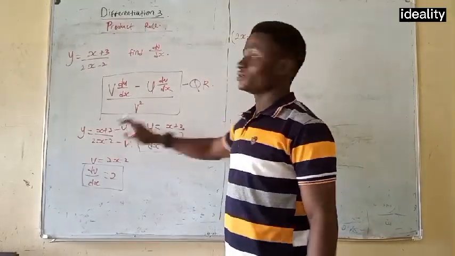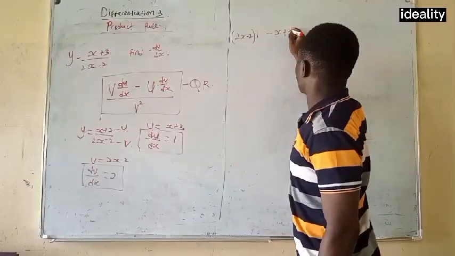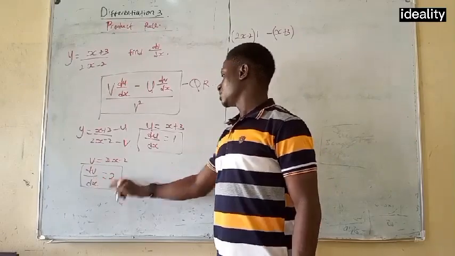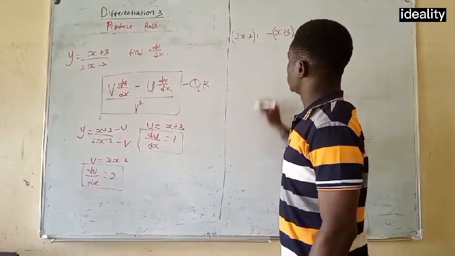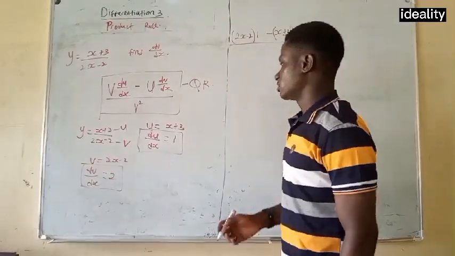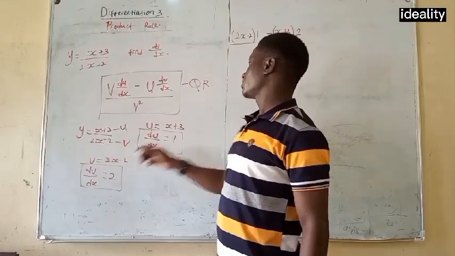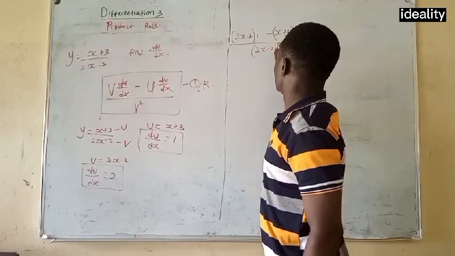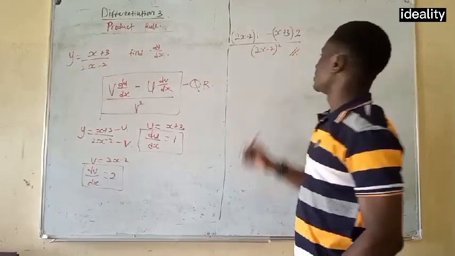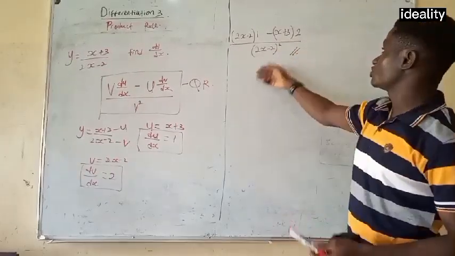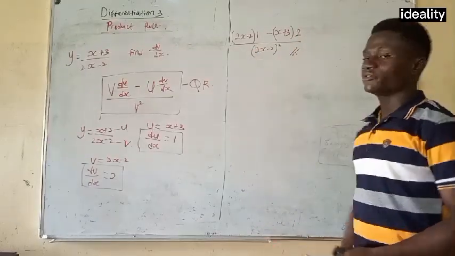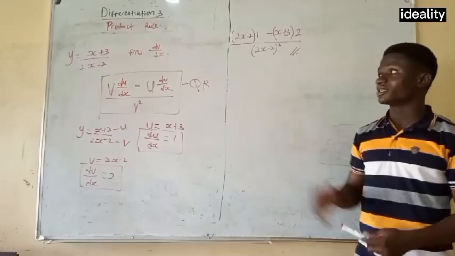My u is x plus 3, multiplied by dv/dx, which is 2, over v squared, which is 2x minus 2 squared. Then this is my final answer. You can proceed to expand, but I'll present my answer in this format.